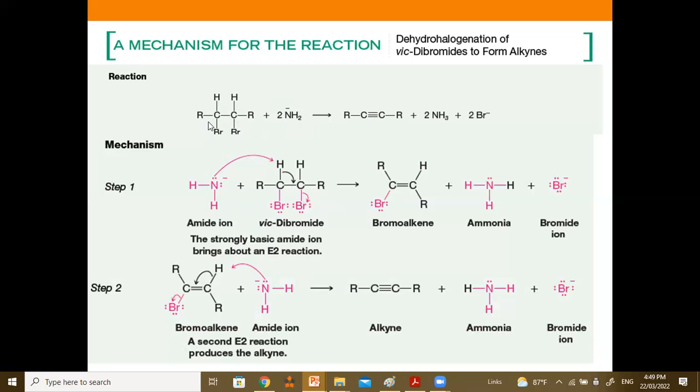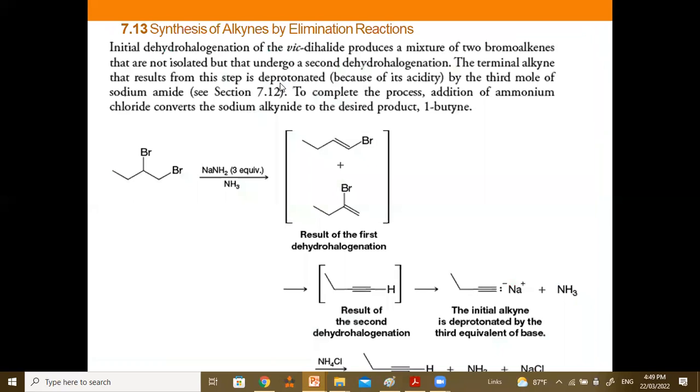Yeah, we start with a vicinal dihalide to get our alkenes, and then 2 moles of our base. It's a very simple reaction.